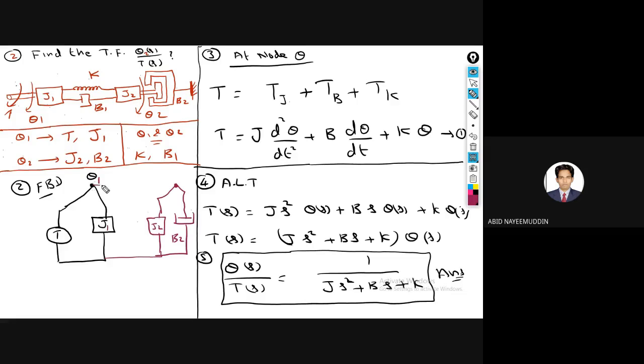And the common elements here, there are two common elements, so I will use parallel: one is K and another one is B1. So this is the free body diagram for the given new problem.